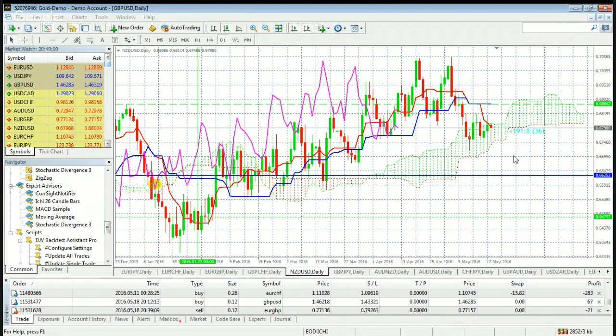Price is inside the cloud now, so there's one of 3 things that can happen. This can either still continue slightly sideways and consolidate. Look at where the Chikou span is. Now remember, try and think 3 steps ahead with this. So try and think what could happen if we get price doing this.